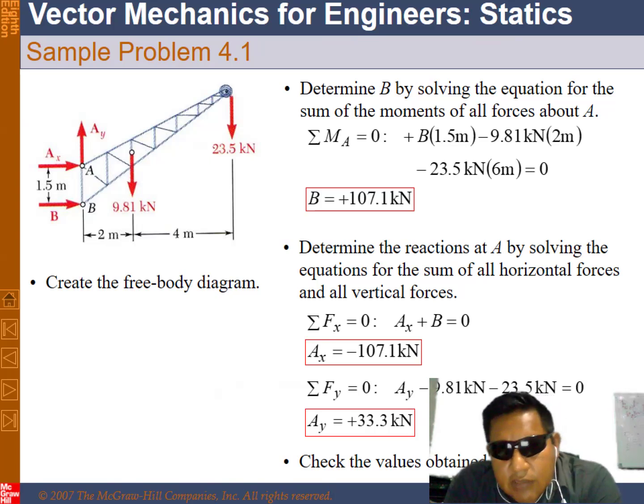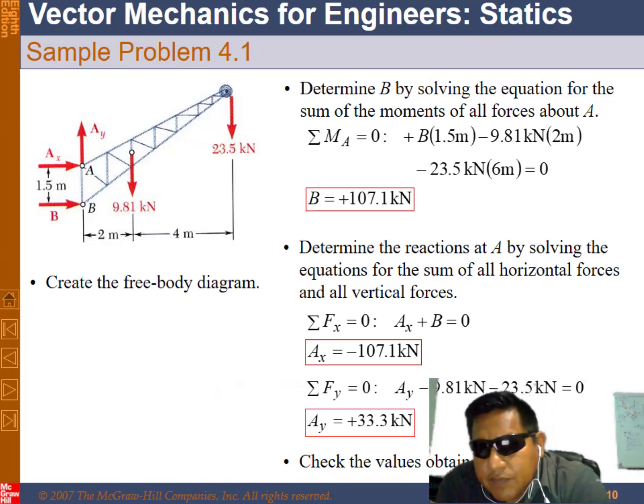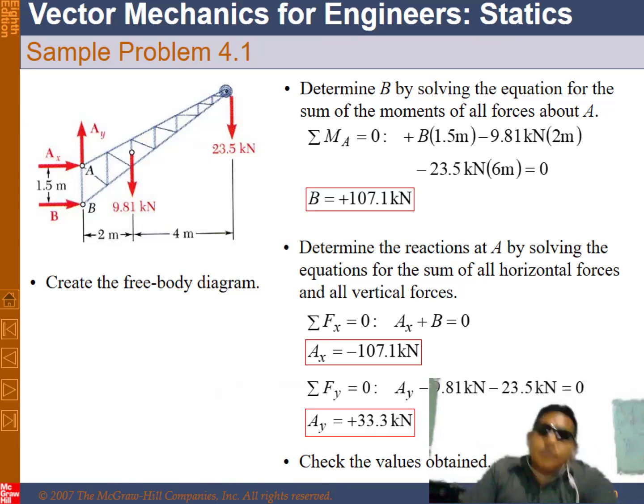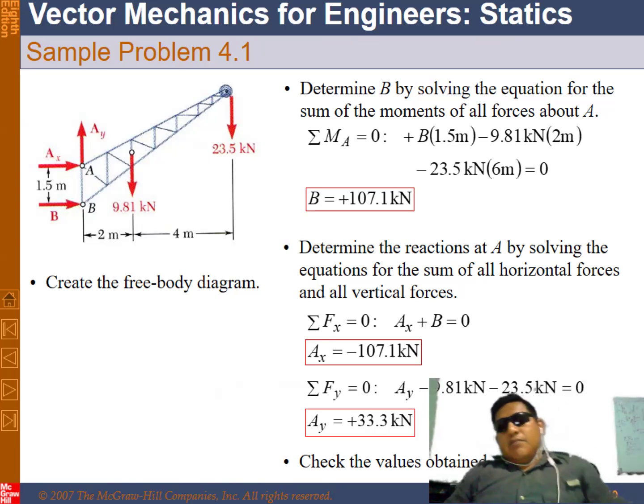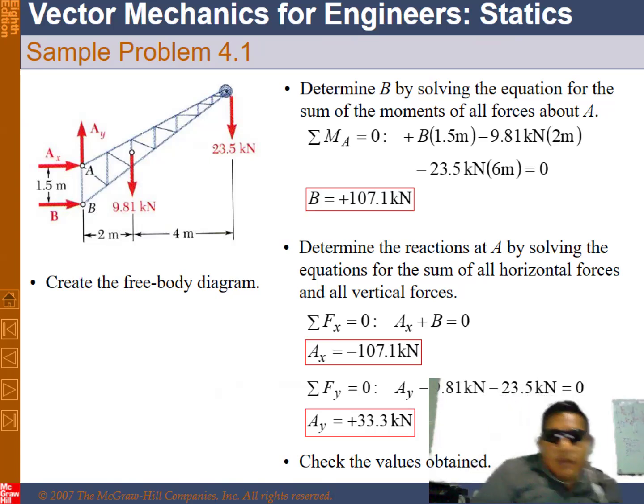Summation of forces in Y equals 0: A sub Y minus 9.81 kilonewtons minus 23.5 kilonewtons equals 0. A sub Y is equal to 33.3 kilonewtons.